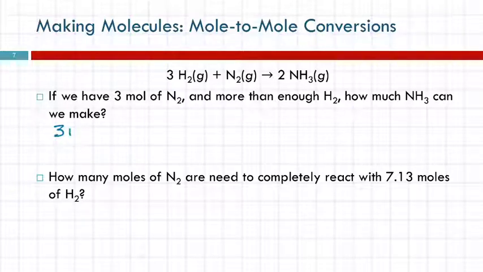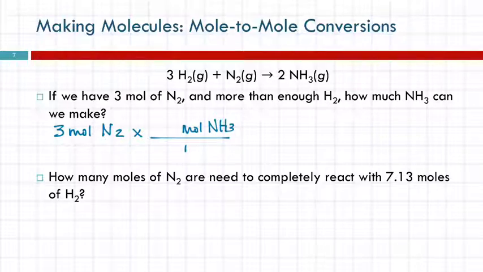But we should be able to write this out. So 3 moles of nitrogen. I'm trying to find moles of ammonia. So moles of NH3. I want to divide by moles of nitrogen to make the unit go away. Put the units in first and then get the numbers.